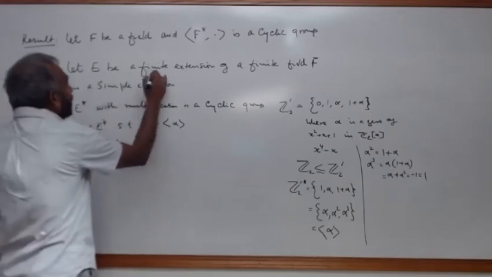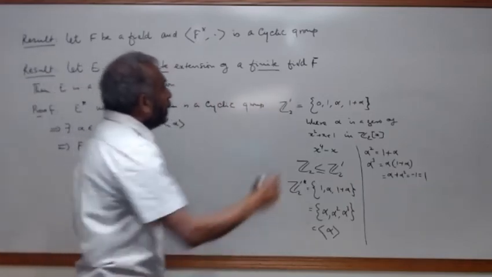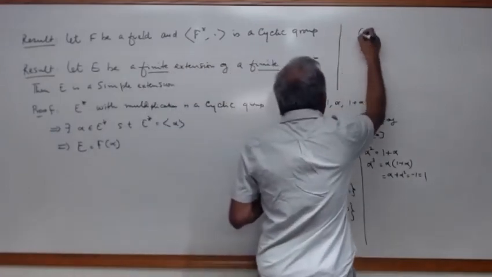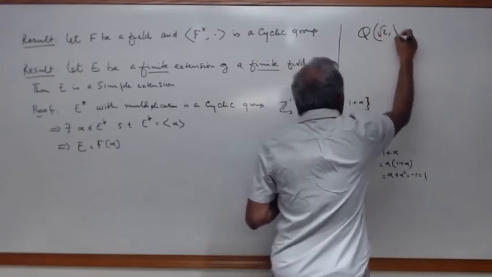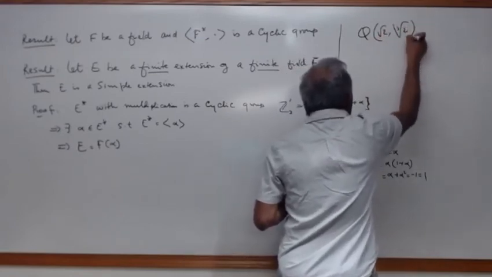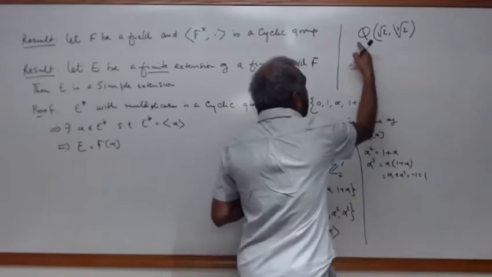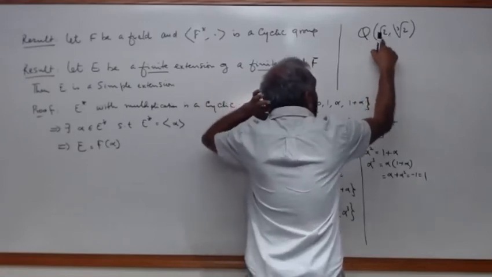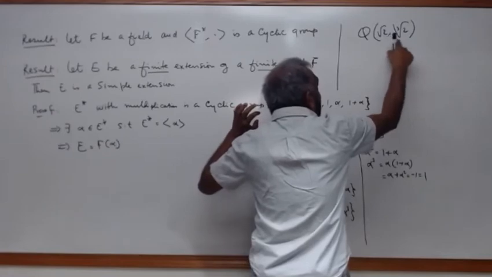It is a finite extension of a finite field. We know that there are finite extensions of Q, for example, Q of root 2 comma cube root of 2. This is a finite extension of Q, but Q itself is not finite, and that is why this is not simple. There are two generators here.